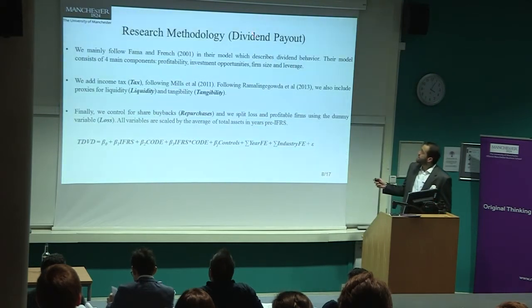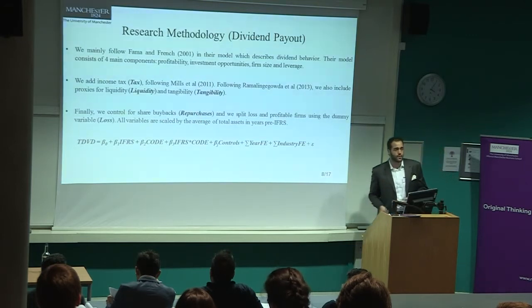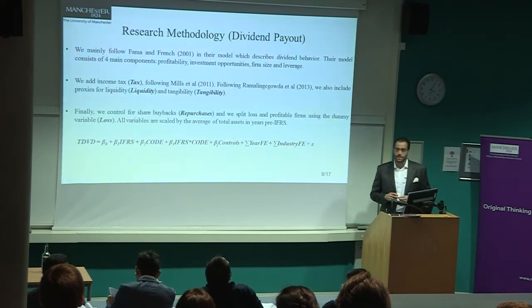So the dividend payout model mainly follows Fama and French 2001, and we add some more controls from the modern literature, mainly repurchases, which are an alternative way to pay out to investors. So the model is mainly total dividends, which is the scaled level of dividend payout.